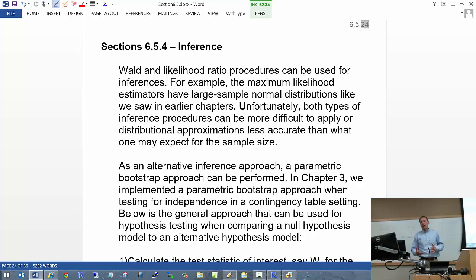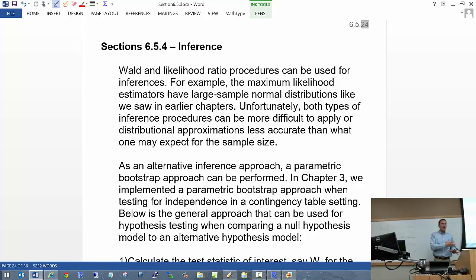However, due to the added complication of this model here, some of the large sample approximations that we rely on, like a normal distribution for Wald stuff, chi-square distribution for the likelihood ratio stuff, that stuff doesn't necessarily work as well as maybe it would if I didn't have those random effects in there.